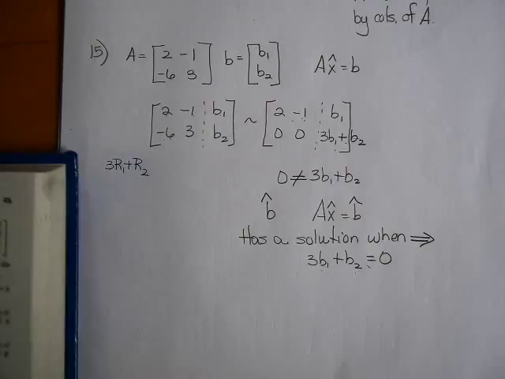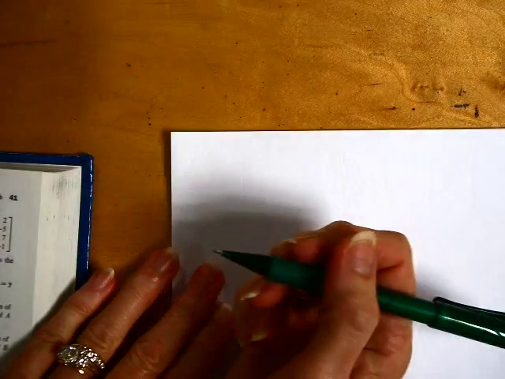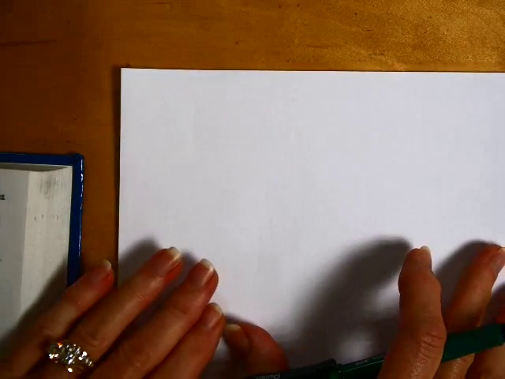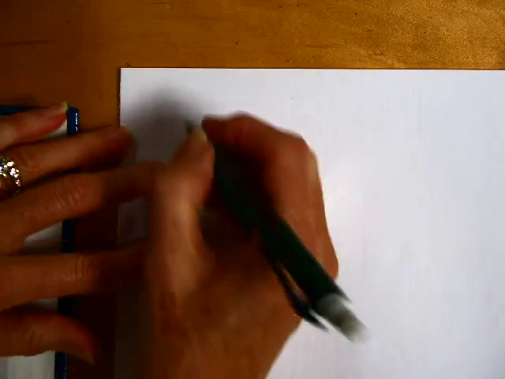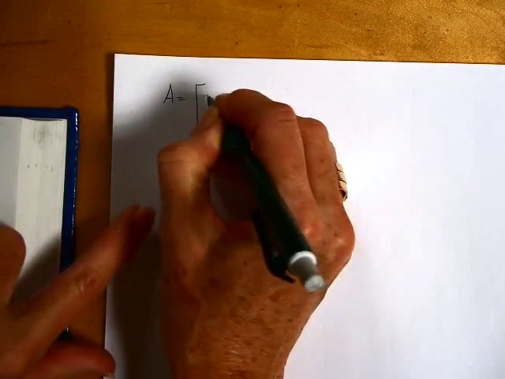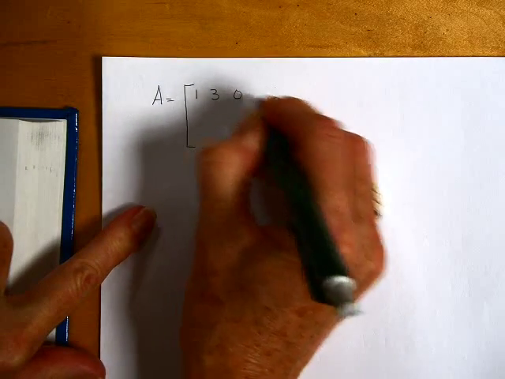In number 17, they give us a matrix A, and it says how many rows of A contain a pivot position, and does the equation AX equals B have a solution for each B that's in R4? All right, here is matrix A. 1, 3, 0, 3.